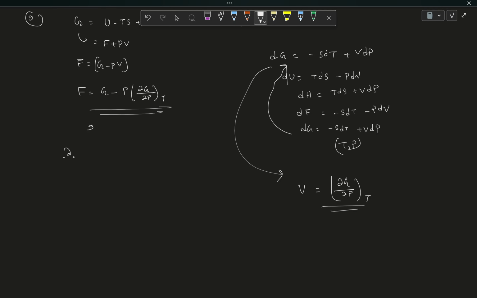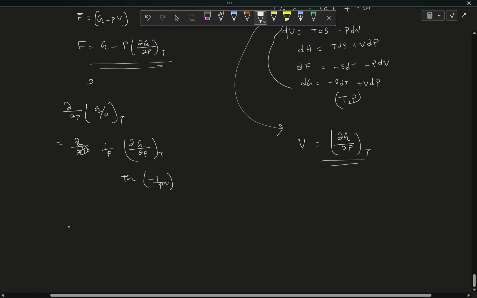So for that, your del P of G by P at T constant, first let us calculate that. So first of all, this is del P. The first term remains 1, so we take the derivative on the G term first, okay, then plus G minus 1 by P squared, okay, second term.